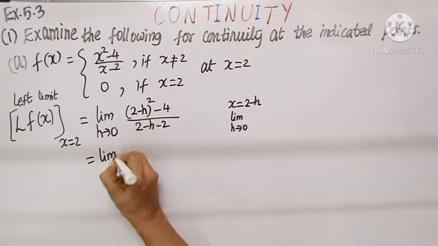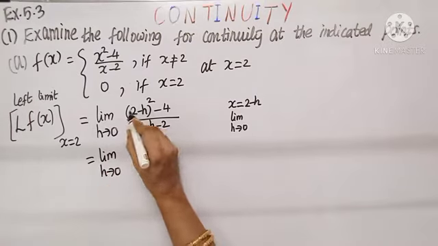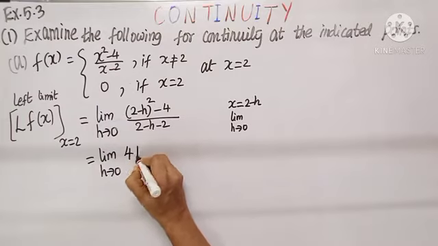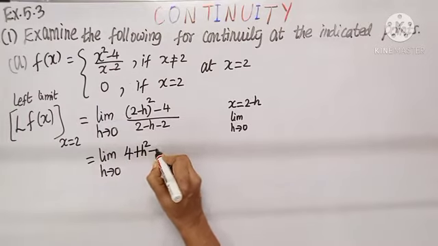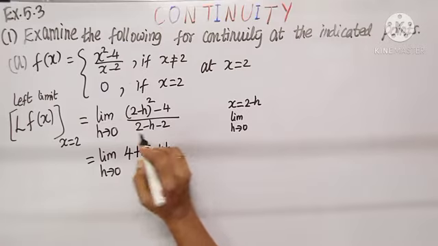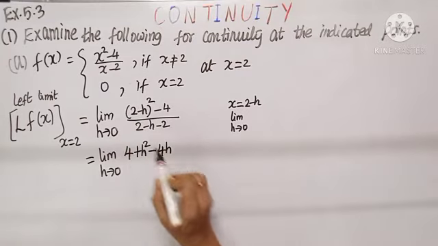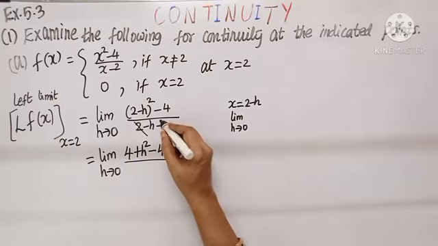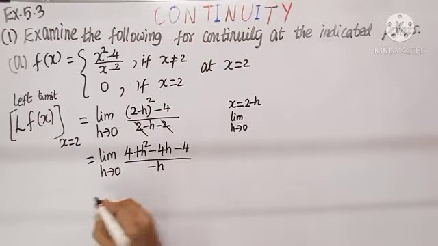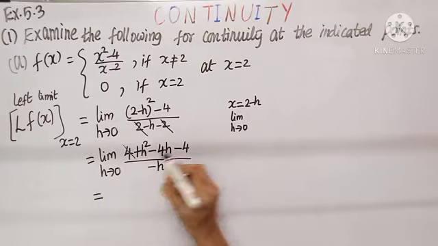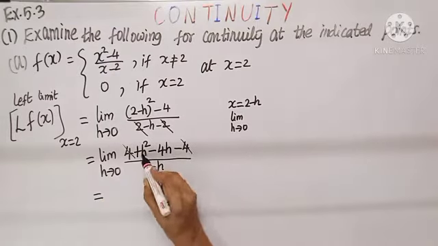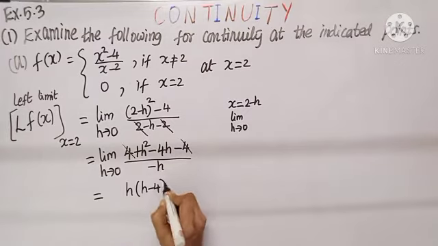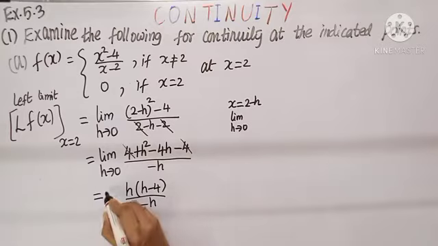Simplifying, expand a minus b the whole square: a square plus b square minus 2ab. 4 minus 4h plus h squared minus 4 divided by 2 minus h minus 2, which is minus h. 4 and 4 cancel. In these two terms, h is common: h into h minus 4 divided by minus h.